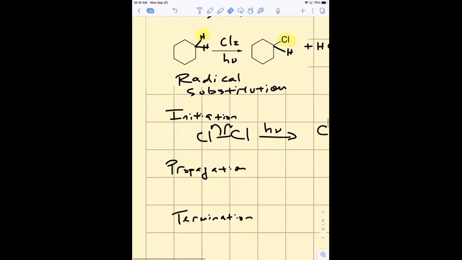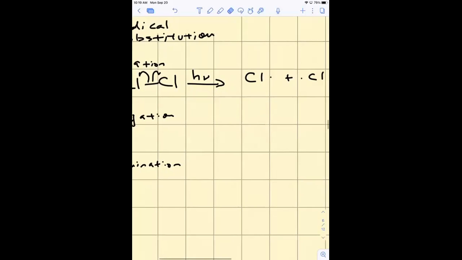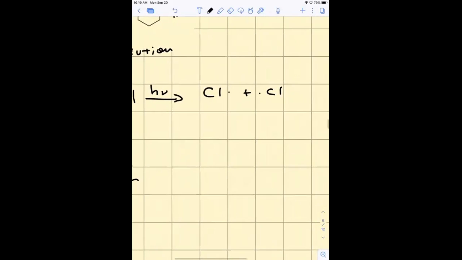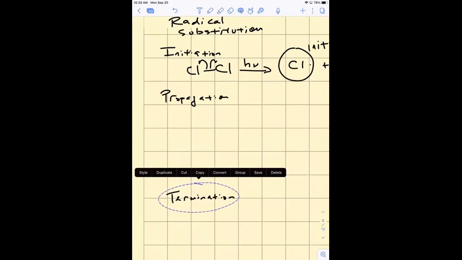All right. So that's the initiation step where the chlorine gets cleaved in half. And now this is what we call our initiator. That's going to go in and start a process in the next step that we call propagation.